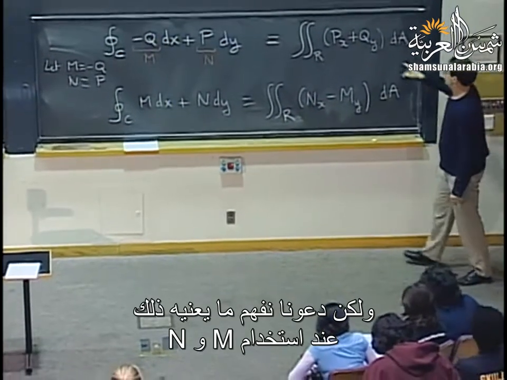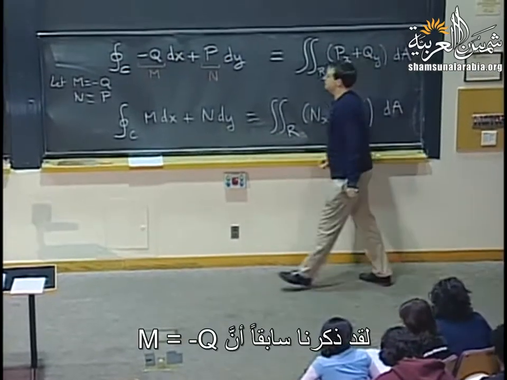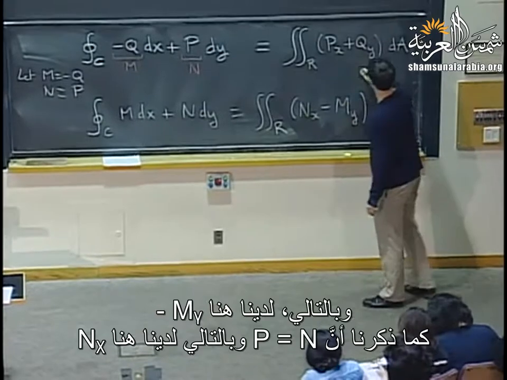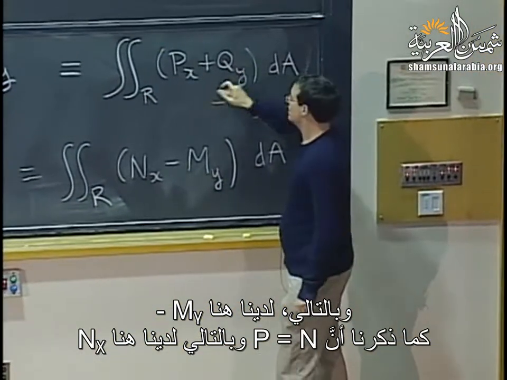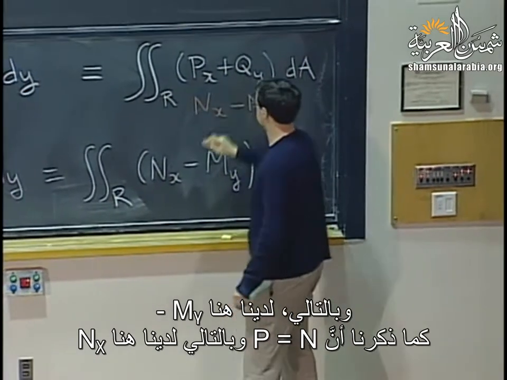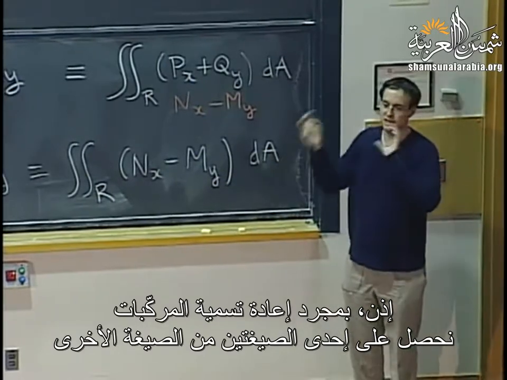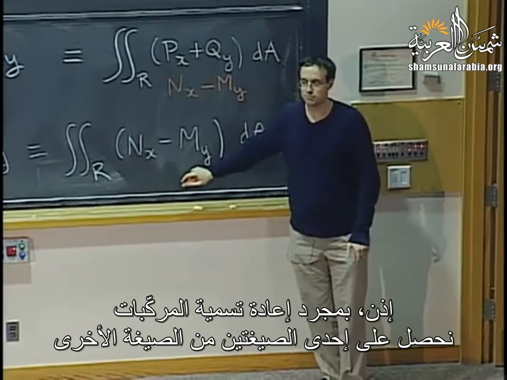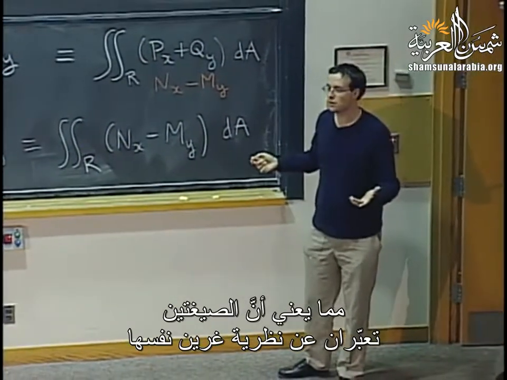But now let's think about what this is in terms of m and n. Well, m is negative q, so this is negative m y. And p is the same as n, so this is n x. So just by renaming the components, I go from one form to the other one. So it's really the same theorem. That's why it's also called Green's theorem.